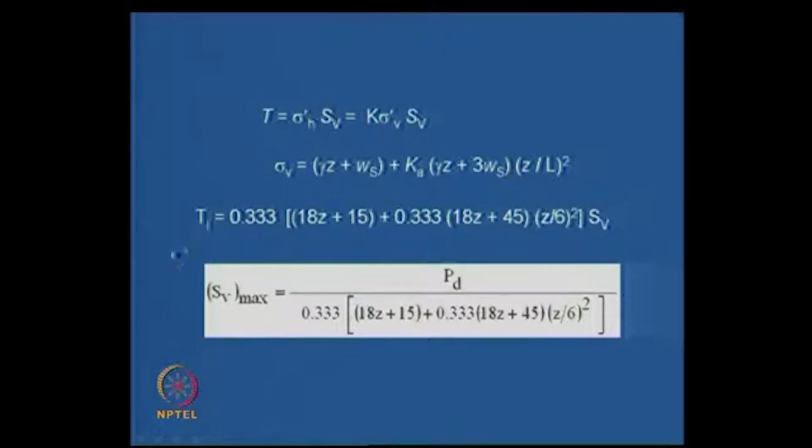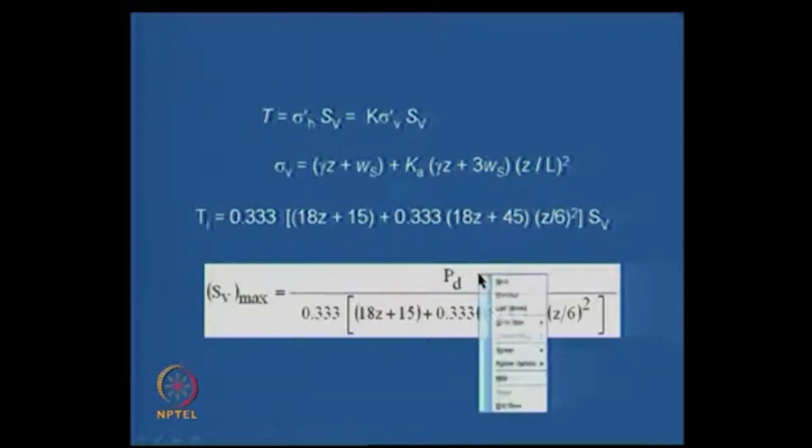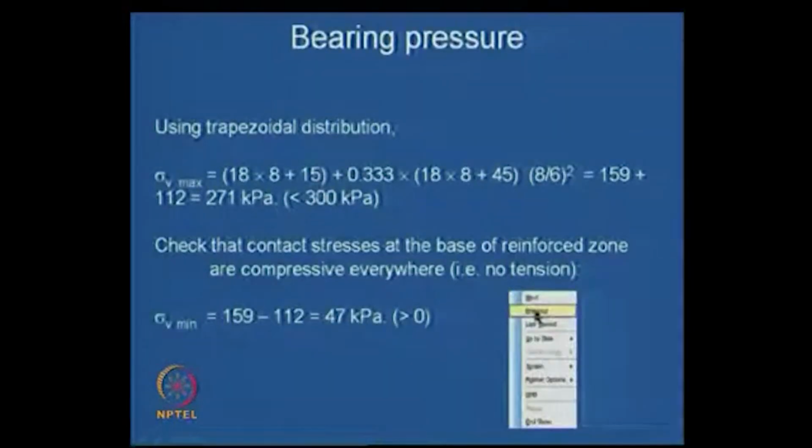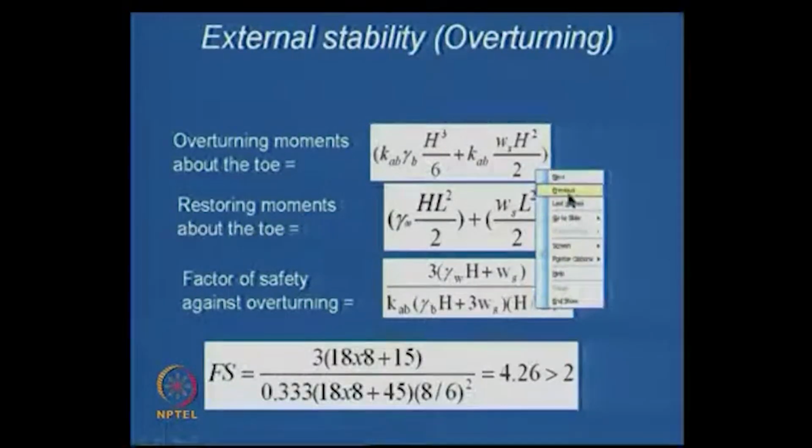So, you substitute all the quantities and then put in terms of SV. Ti is nothing but the design strength values. I have just 2 geogrid materials and I know their design strengths, 20 and 40, like in the previous example, in the statement of the problem I just mentioned.